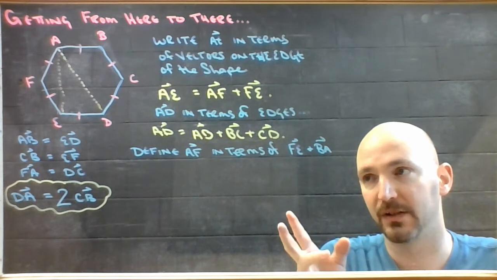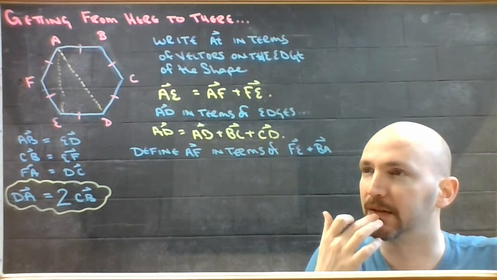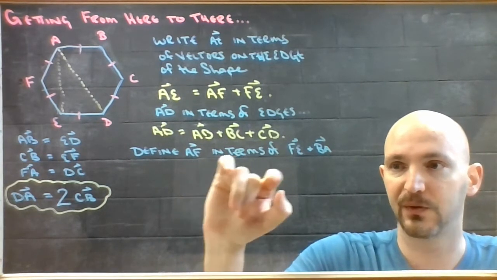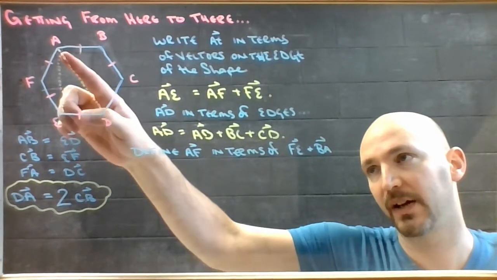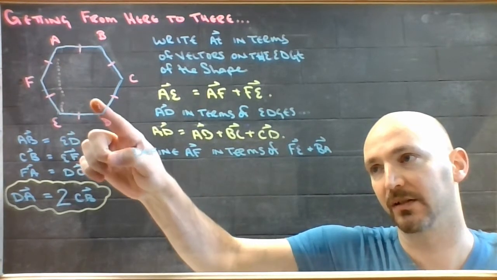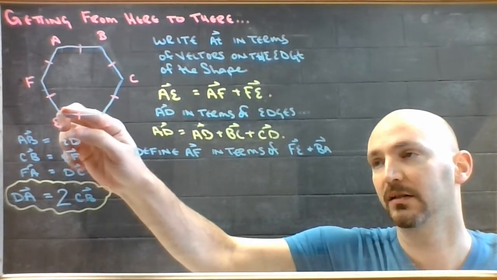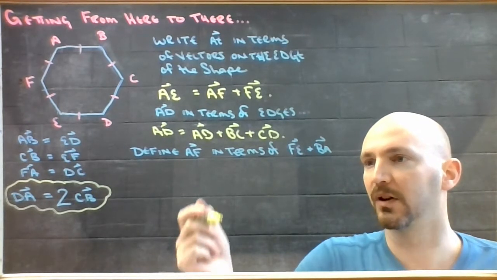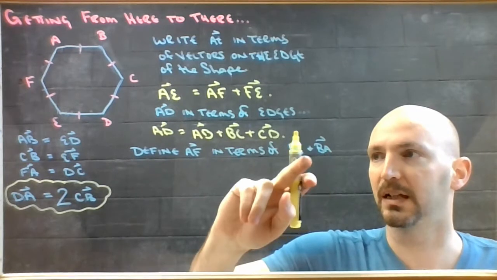So how am I going to do that? Well, first thing I'm going to do is try and draw a loop that contains AF, FE, and BA. So if I can erase this particular thing here, from A to F, I want to get through AB and I want to get through FE.